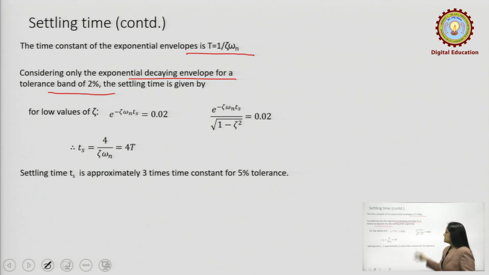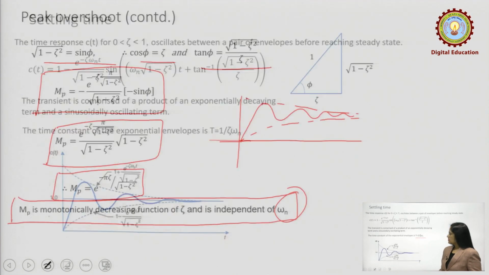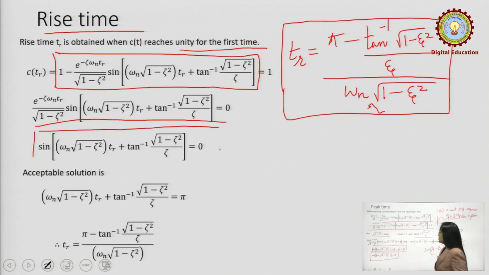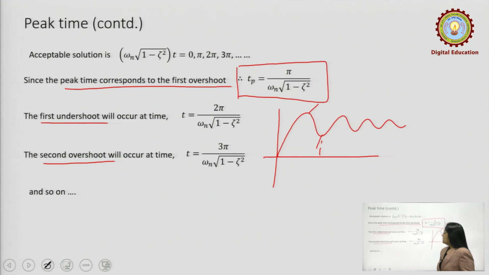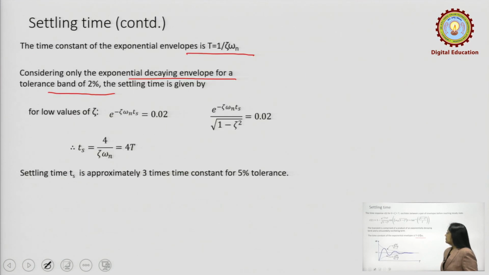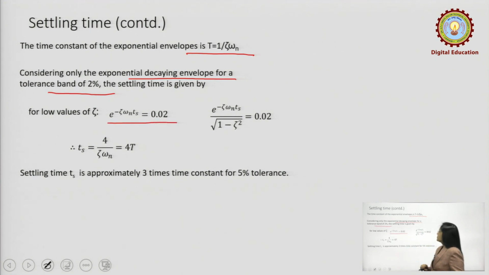As mentioned in the definition, it is the time required for the response to reach and stay within a specified tolerance band, usually 2% or 5% of the final value. So, we are taking the acceptable part as 2%, equating the part to 0.02, and therefore this corresponds to 4 time constants.